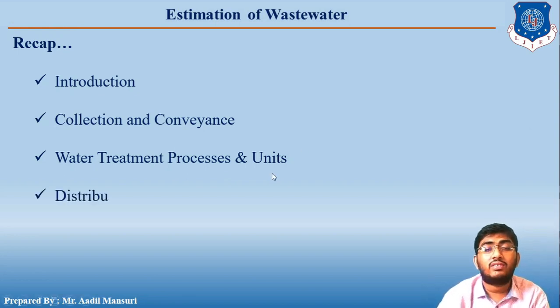Then in the last chapter we completed distribution networks: the different types of distribution systems and networks, and how to calculate the distribution in the loops. So that was all about the water supply engineering portion.